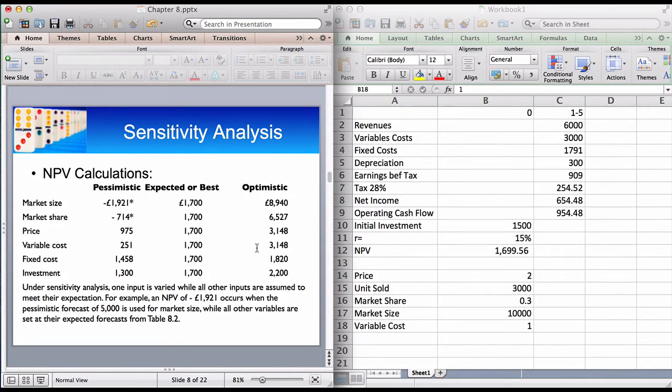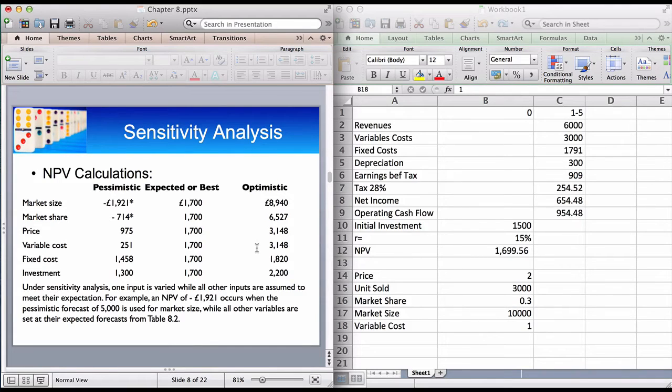Now in your analysis, whenever you get a negative NPV, that's where the danger signs appear, and that is where you have to focus your analysis into saying, well, is there any way in which we can improve the chances of getting a better value for that variable?